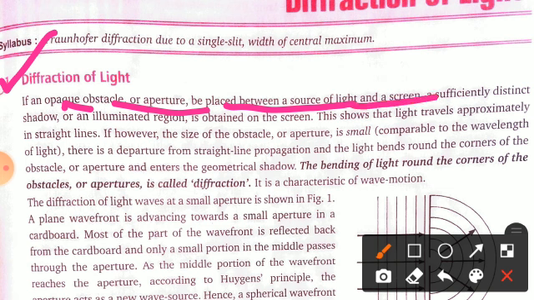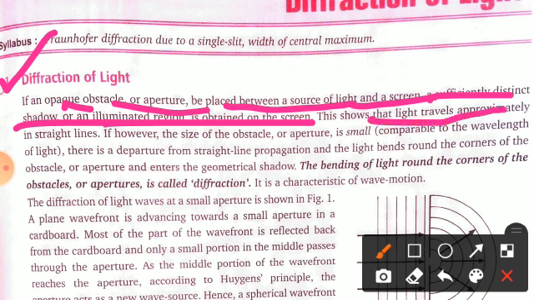Suppose you put an aperture or any obstacle in between a source through which light is coming out and a screen, so a sufficiently distinct shadow or an illuminated region is obtained on the screen. So what you get there? You will get a region on the screen which is illuminated. So this shows that the light travels approximately in a straight line. So it shows the path of the light ray.